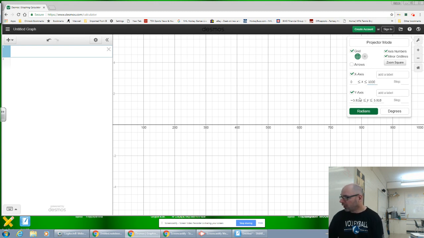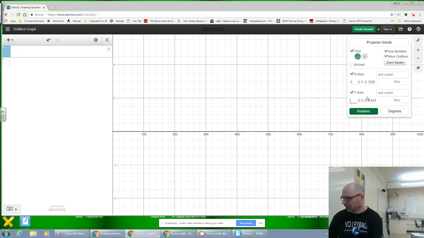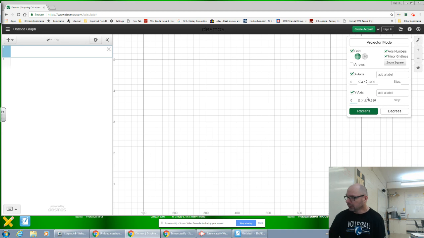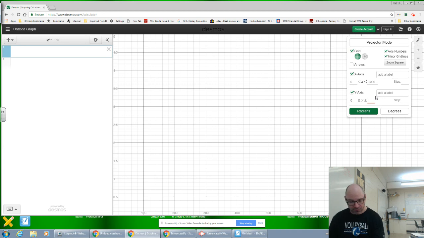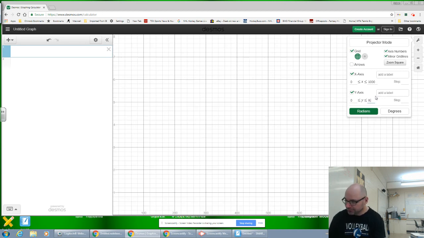For our y-axis, we're going to put the price. The price will start at 0, since we don't have any negative prices, and we'll go to $8, since we have $7.20 there for 100 items. Then we hit enter.